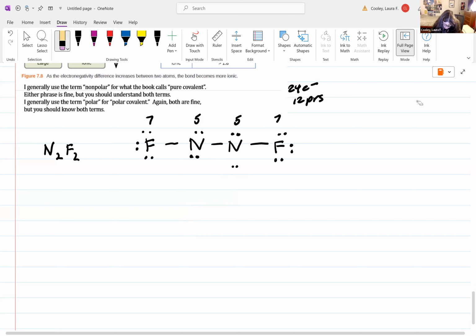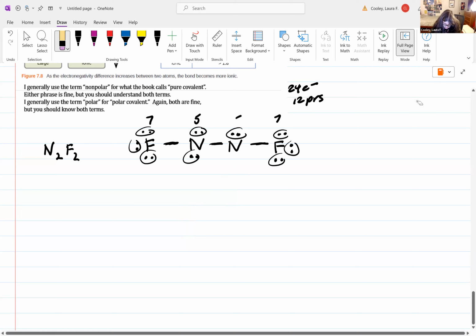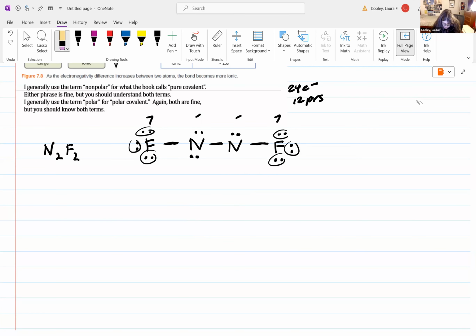Right, something went wrong here. I have 1, 2, 3. Then I have 4, 5, 6, 7, 8, 9, 10, 11, 12. Okay, what's the problem here? There is a problem. The second nitrogen does not have an octet.